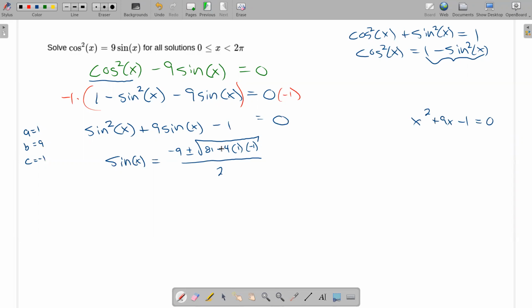So negative times a negative is a positive 4, so that's going to be square root of 85. So -9 plus or minus square root of 85 all over 2. Seriously doubt that's going to reduce if I try to factor 85. 5 goes into 85. How many times? Let's see, 5 goes into 8 once with 3 left over. 5 goes into 35 7 times. 5 times 17 doesn't help. All right, so we have now the sine of x equals that.